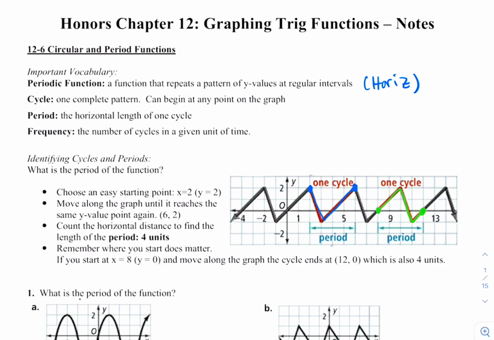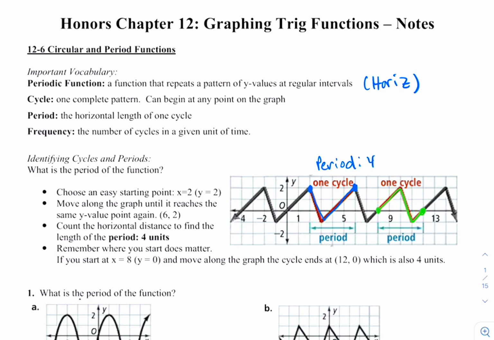Now what can't change is the length of that pattern. I'm talking about the horizontal length. No matter which cycle we choose in a function, the period, which is what I'm referring to when I'm talking about the length, has to be the same. So if this is my cycle, and I count my horizontal length, 1, 2, 3, 4, that means the period for this function is 4.